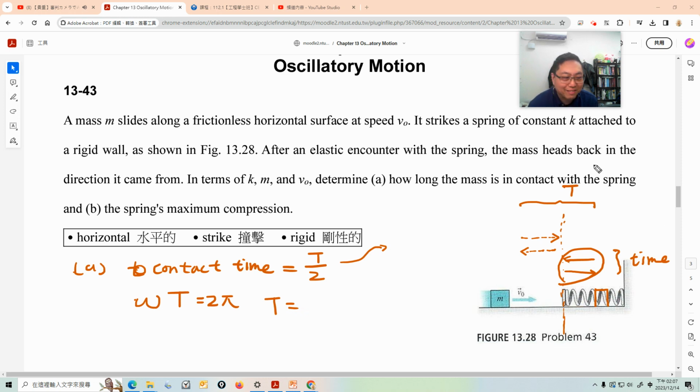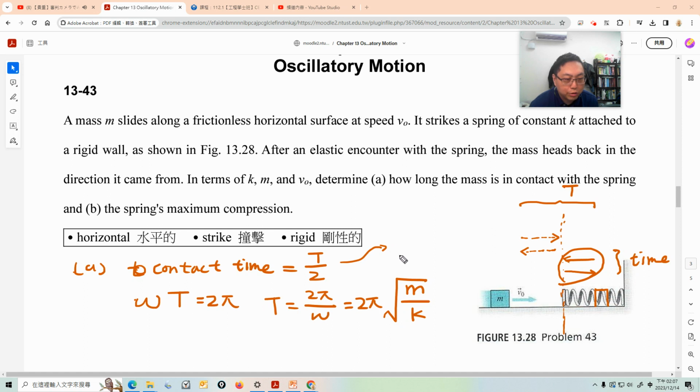Isn't that right? T is equal to 2 pi over omega. What is omega? Omega is the square root of k over m, but it's reciprocal, so it becomes the square root of m over k. So this is the right one.